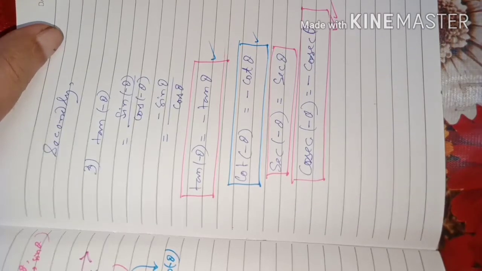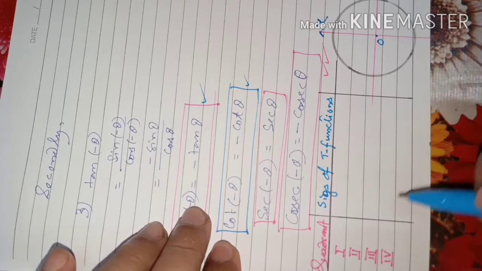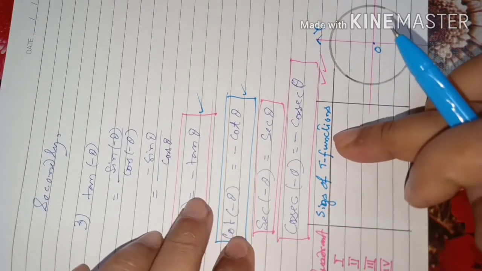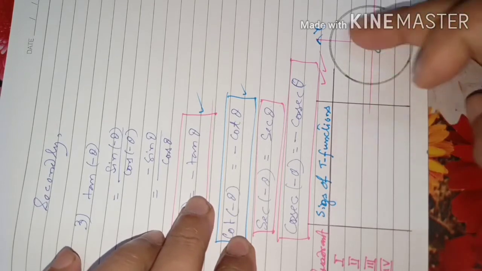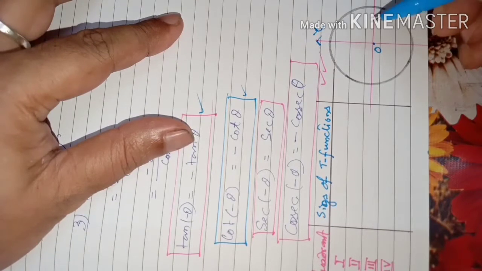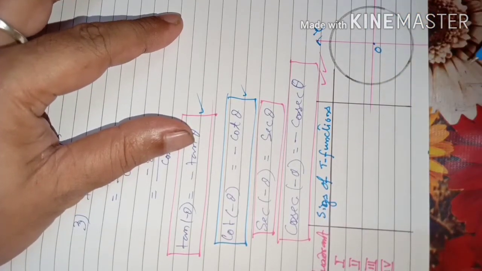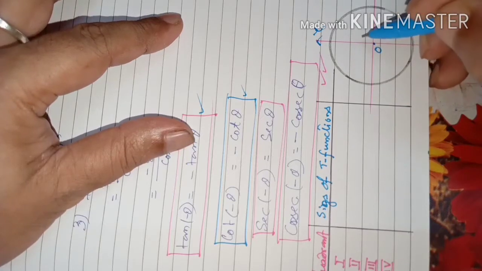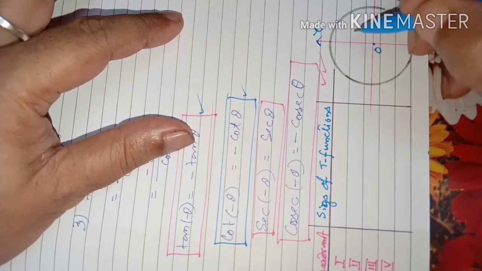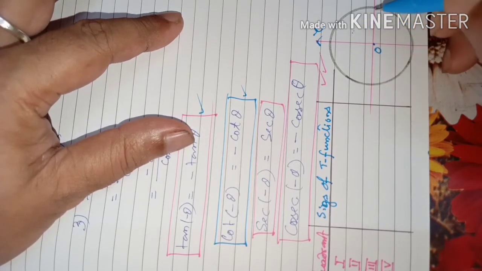Okay, dear students, here is a small table that I have formed to write the signs of different trigonometric functions in all these quadrants. Now, how will the sign of the trigonometric functions change in different quadrants? In the first quadrant, we know that the abscissa and ordinate are both positive.